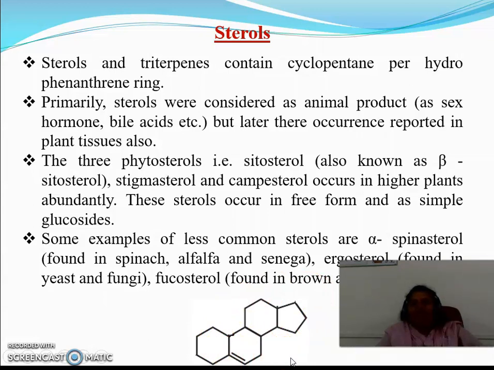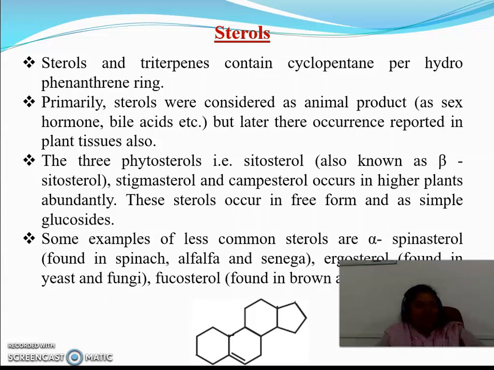Sterols primarily are considered as animal products such as sex hormones, bile acids, etc. But later their occurrence was also reported in plant tissues. There are three phytosterols, that is sitosterol, which is also known as beta sitosterol, stigmasterol and campesterol, which are generally seen in higher plants abundantly.